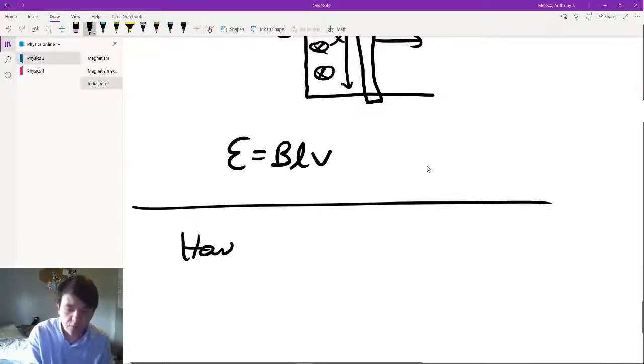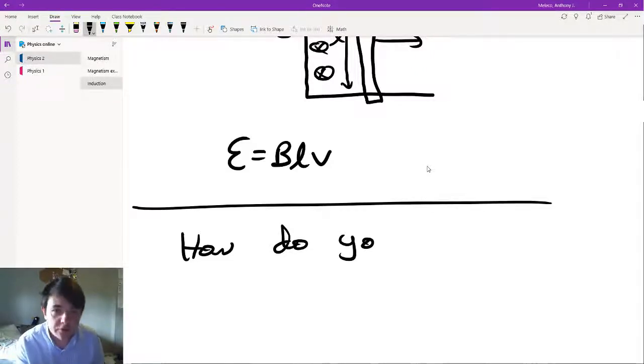So the last thing with induction, because these are just numbers, right? I'm basically going to ask you what's the magnitude of the EMF created and what the direction is when we do these sort of problems. Similar to when we were doing magnetic field questions, and it was like, what's the magnitude of the field created and what's the direction of the field created.